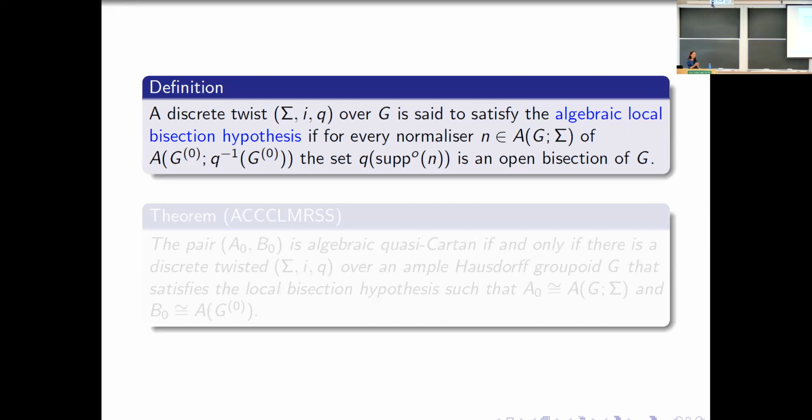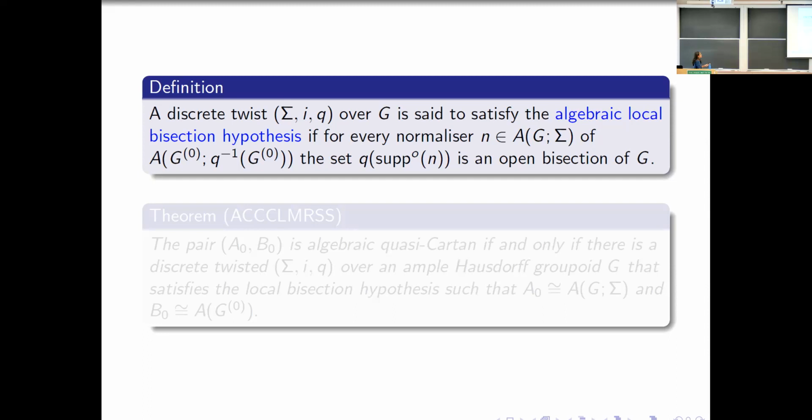Ample will be enough, but nevertheless we need this extra condition to guarantee that the quasi-Cartan pair indeed exists and can be constructed. What I mean by the algebraic local bisection hypothesis is really a condition on the normalizer. As we saw previously, the normalizer gives rise to the whole big algebra, so this is really a condition imposed on the normalizer.